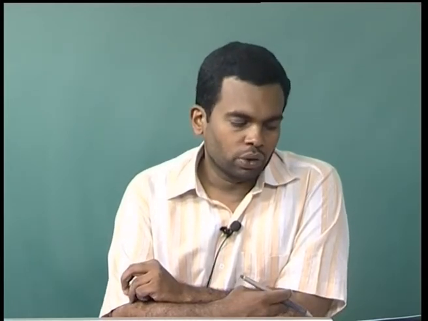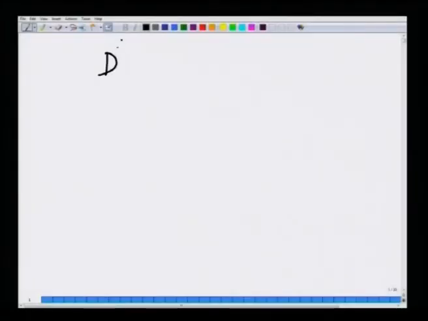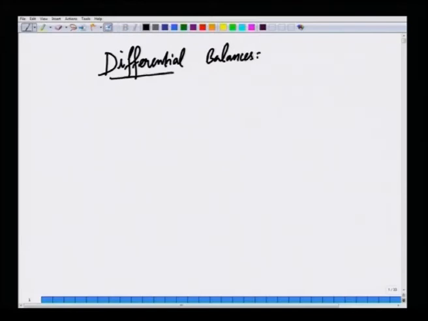So, the basic idea in differential balances is that one takes a very tiny control volume of infinitesimal size. Let us try to draw for simplicity a cubic control volume.